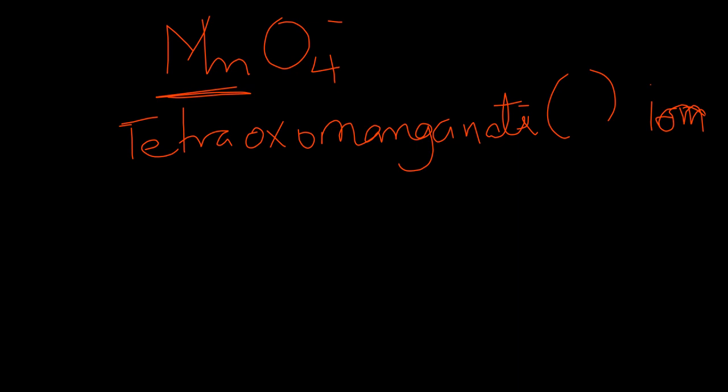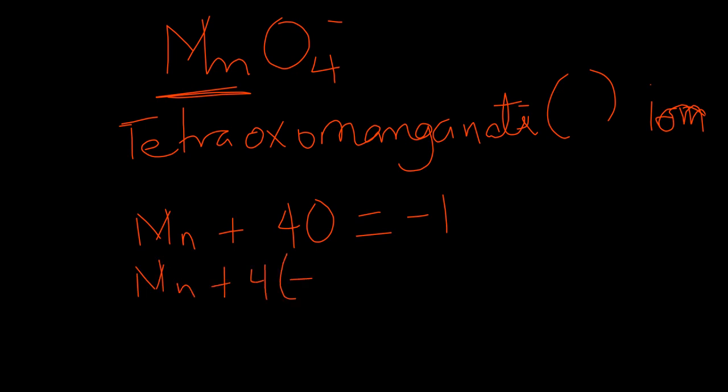We need to determine the oxidation number of the manganese. So that will give us Mn plus 4 of the oxygens equals the charge on the compound, that's -1. So Mn plus 4 times -2. Remember the charge of oxygen is -2, equals -1. So Mn, that will give us -8, equals -1.